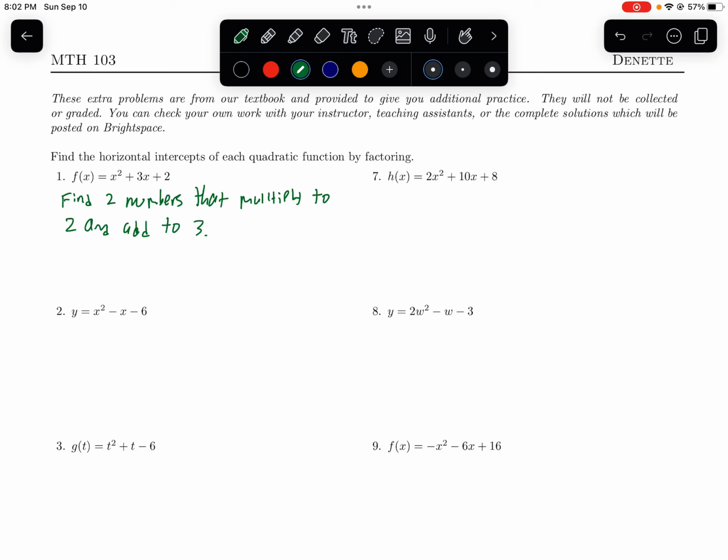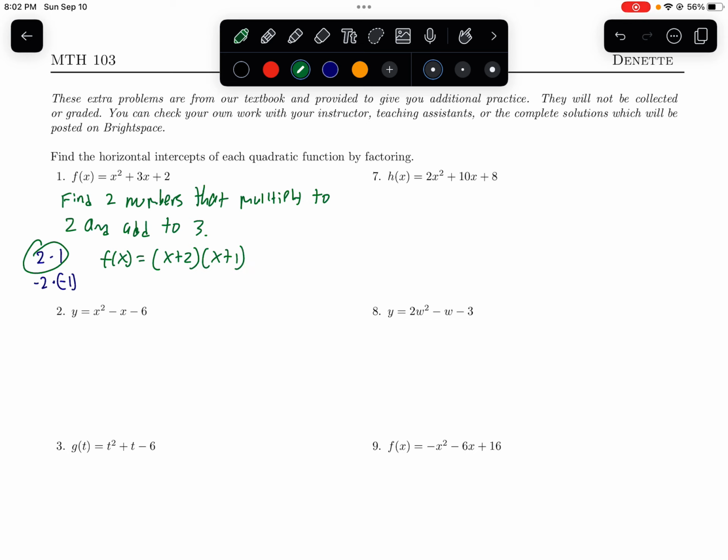So numbers that multiply to 2 would be 2 times 1, or -2 times -1. Those are the only two options there. And we can see that the first pair adds to 3. So we would choose this one because 2 times 1 is 2, 2 plus 1 is 3. And this means that f of x can be written as x plus 2 times x plus 1.